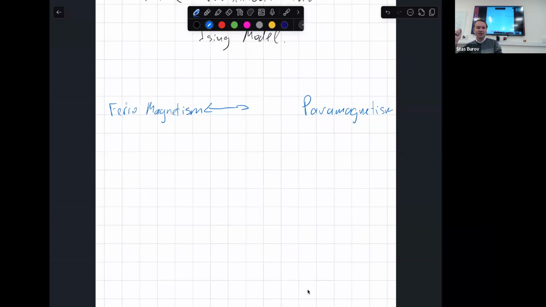They have absolutely no magnetic moment, et cetera. It was discovered that there are some materials that behave sometimes as magnets and sometimes as paramagnets. So there are materials where, when we look at the magnetic moment as a function of temperature, they behave in the following fashion.